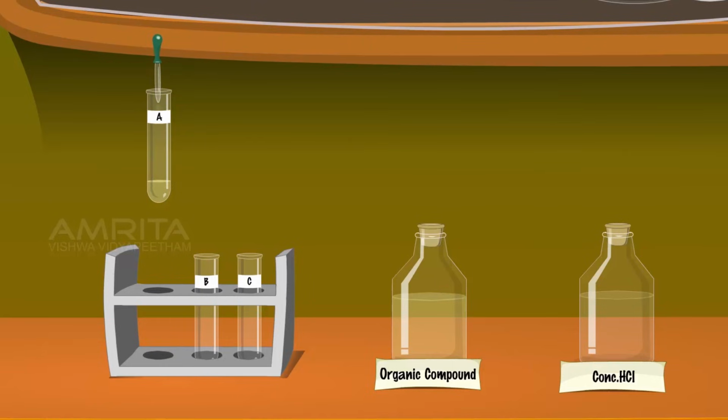Add it into the test tube A and shake the test tube well to dissolve the compound in HCl.